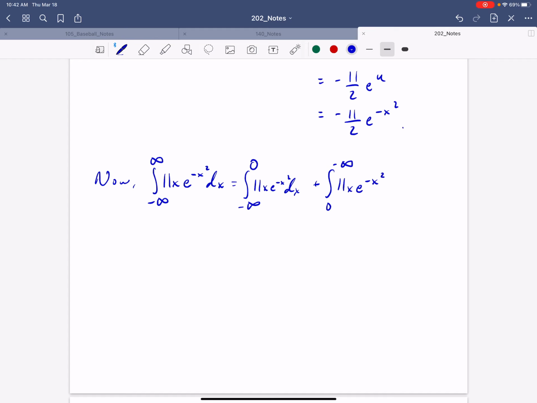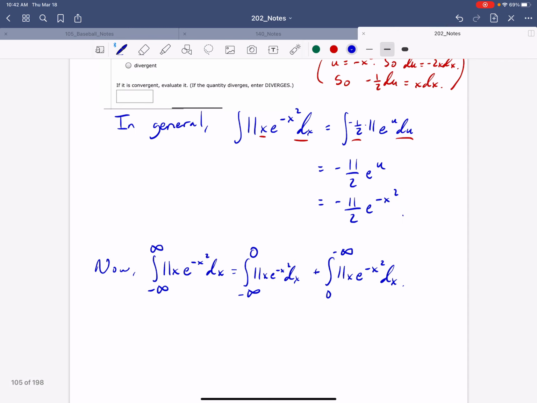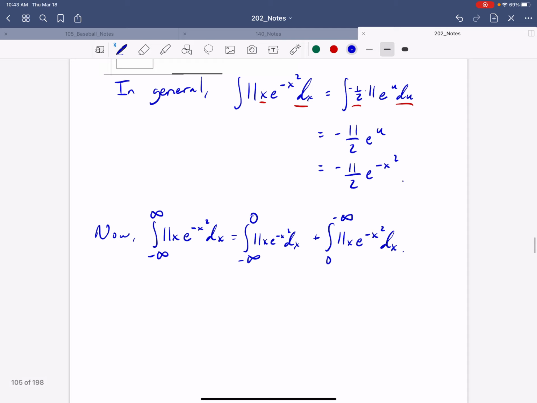What I'm going to do is use the fact that we integrated this in general, so for each of these parts, I'm just going to cut right to the chase of plugging in the value in question. Maybe I'll do this part in red and this part in green, should they both wind up converging.